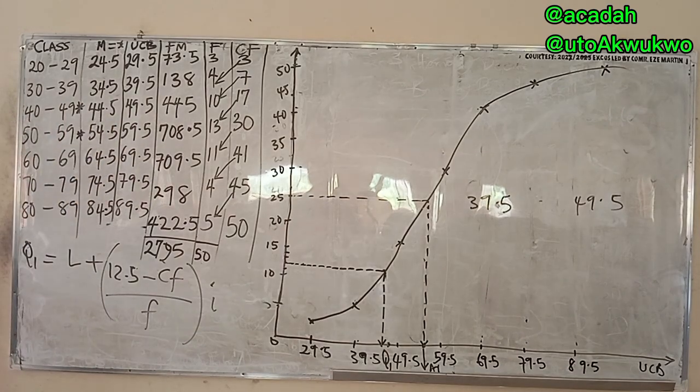One thing you will notice as you progress, for the sake of the exam, is that your first quarter will always come in the class immediately before the modal class, your third quarter will always come in the class immediately after the modal class, and your median is likely to fall inside the modal class.